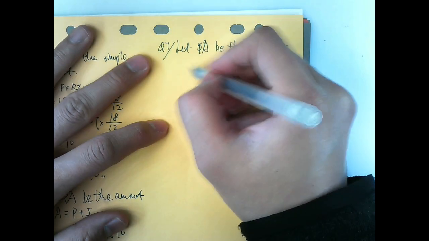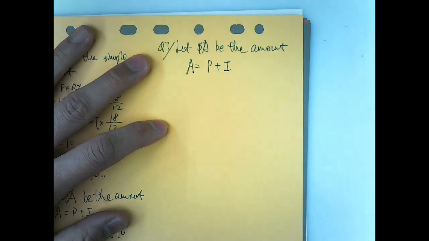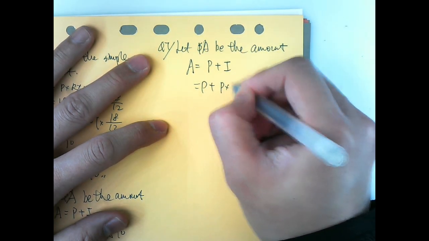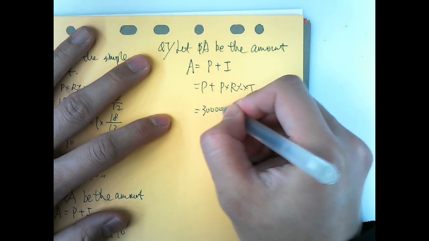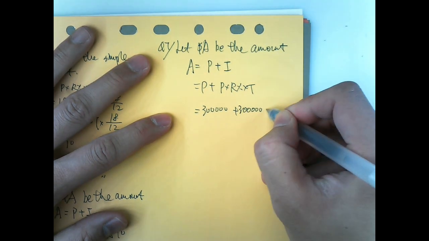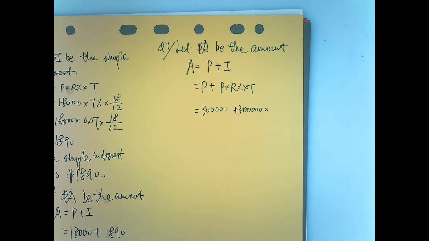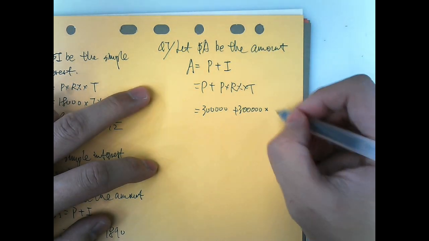So we use the A formula. The A formula is simply P plus I, but do you have I here? No. So you extend the formula like this. The P is 300,000, and the percentage should be 11%.